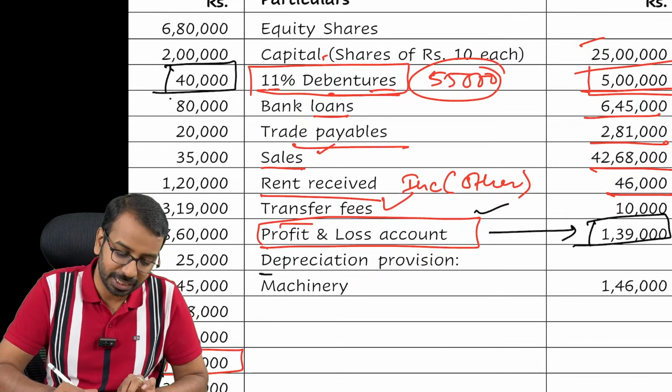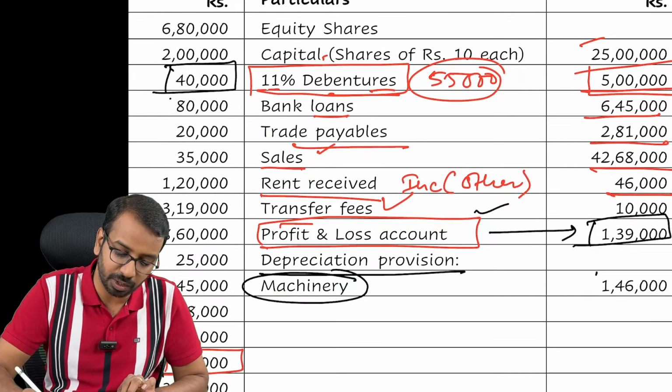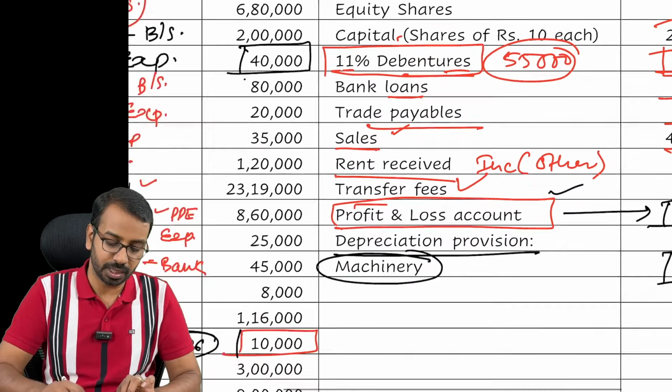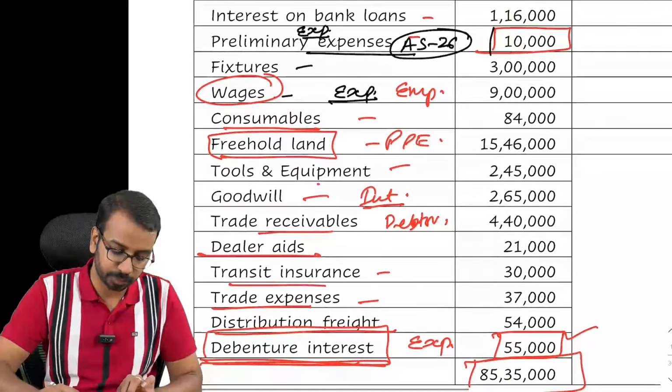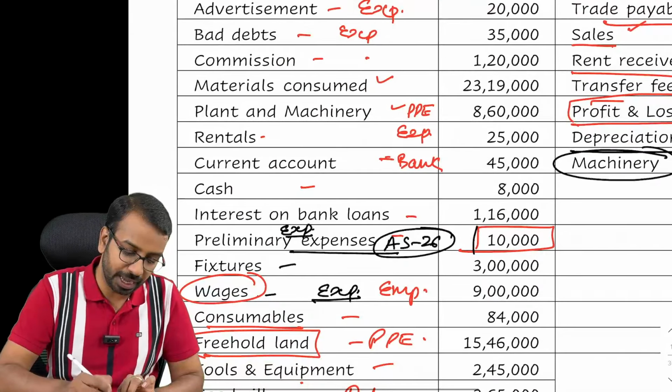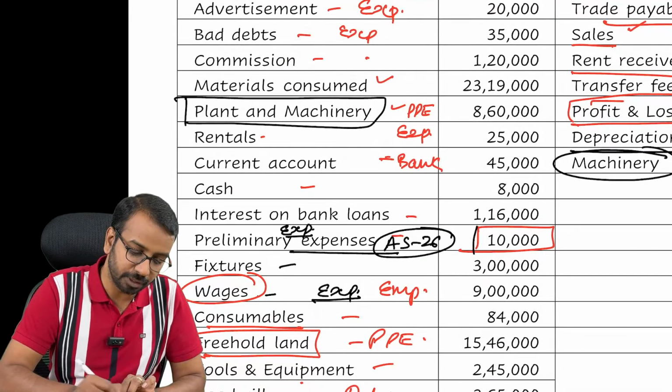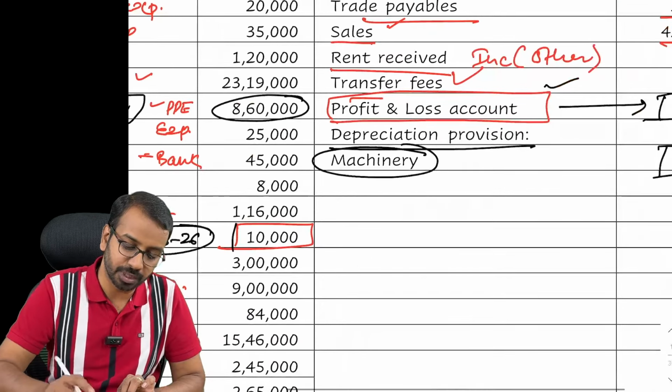Depreciation provision on machinery 1,46,000. Now, here if you see, we had plant and machinery 8,60,000.